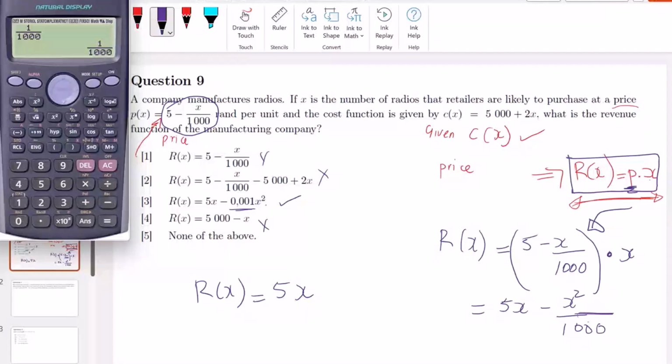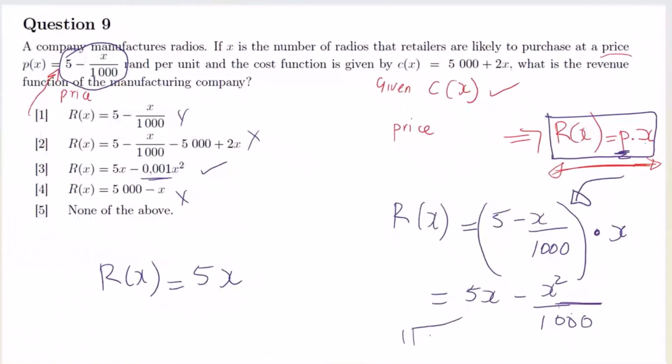The calculator is not writing it as a decimal number, but the way you would do it is 1 divided by 1,000, which is 1,000 to 1.